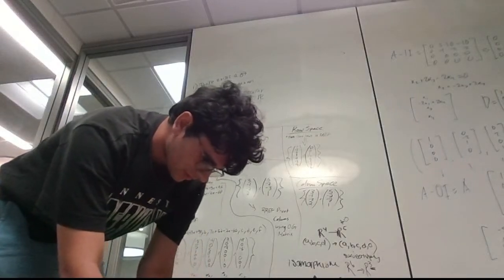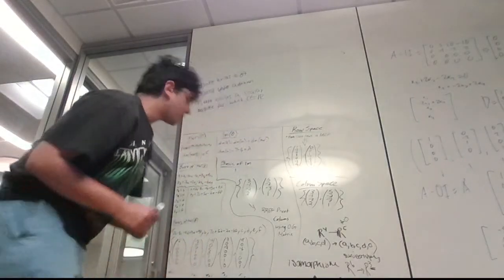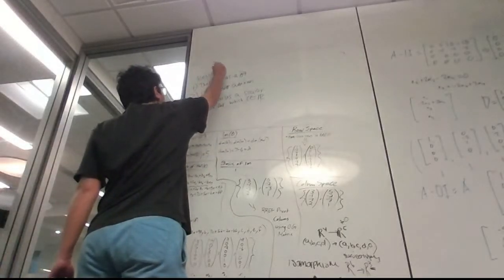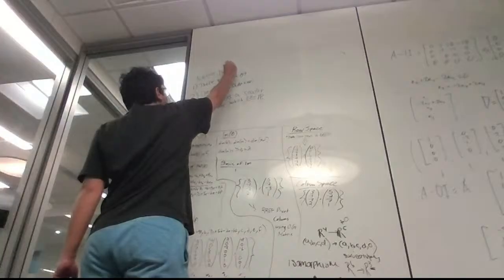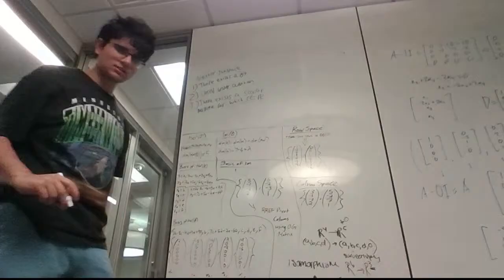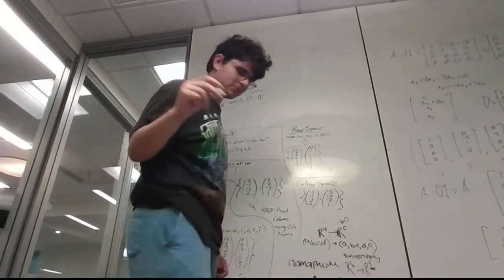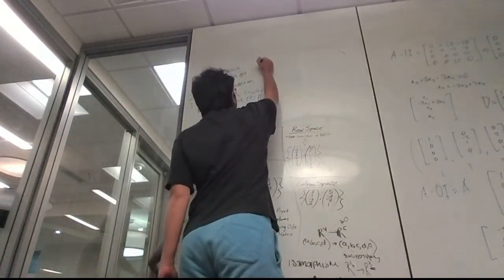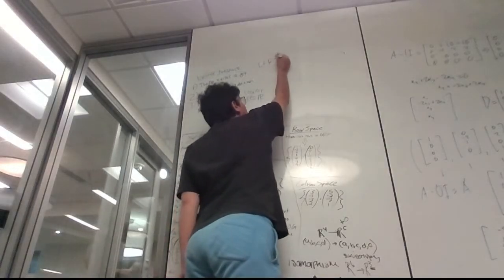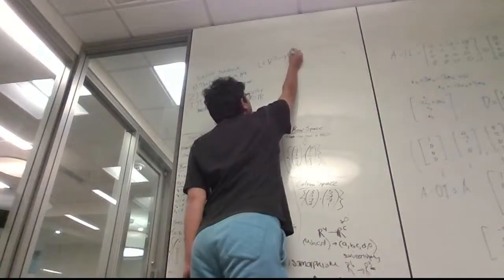So we define a vector subspace as that, and we have a linear transformation within the vector subspace. So this is the example I was given. Let's say R3 is projected onto R2.